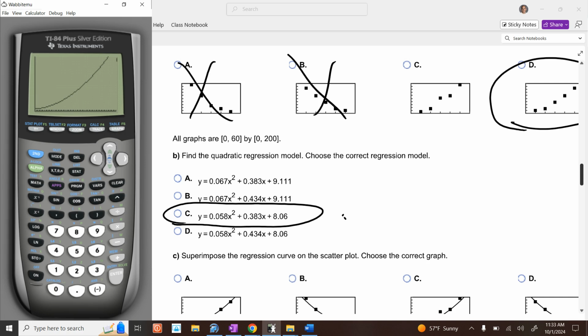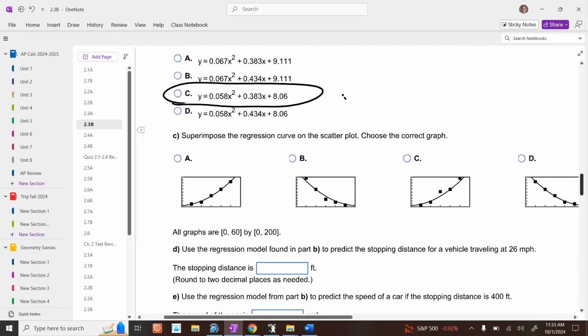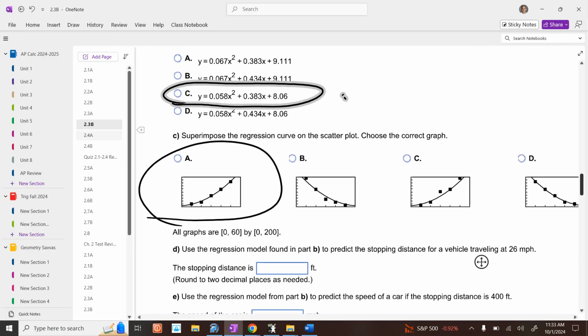And it looks like that. If we want, we can turn our stat plots on and actually have the squares. So it was choice D. D was the correct choice up there. Down here, A would be the correct choice.